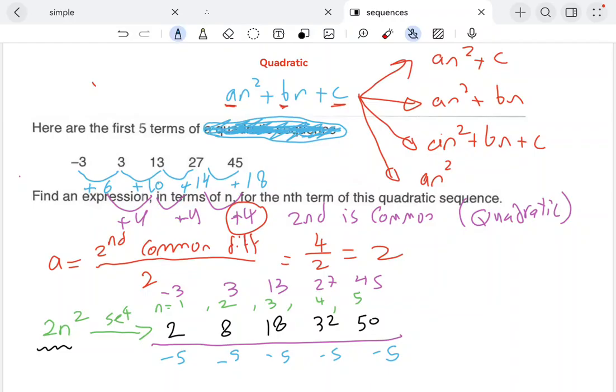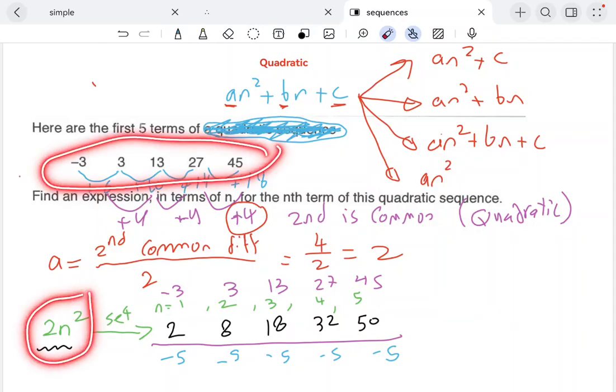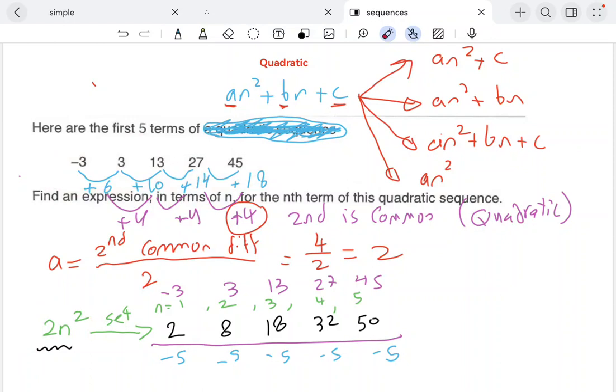I got a constant. I got C. That means there is no Bn. B is 0. It's only C. So now I know that the difference between 2n squared and my original sequence is just to subtract 5. So that's what I'm going to do.